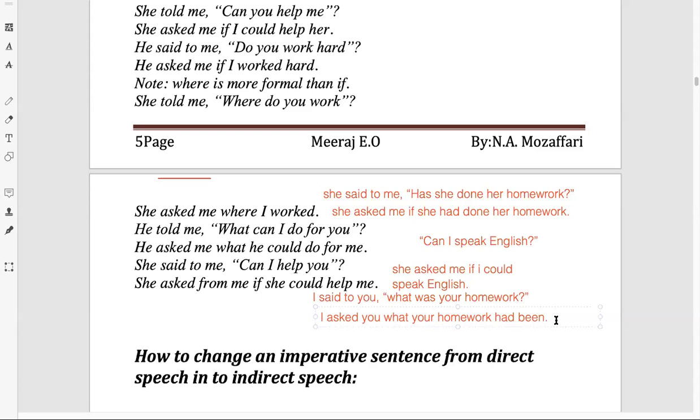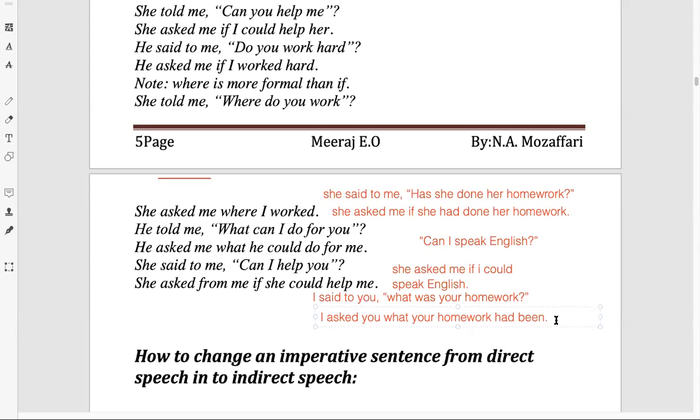It's like other sentences, but you change one other thing also: the interrogative formula to positive formula, and the reporting verb should be changed to asked, because it is an interrogative sentence.